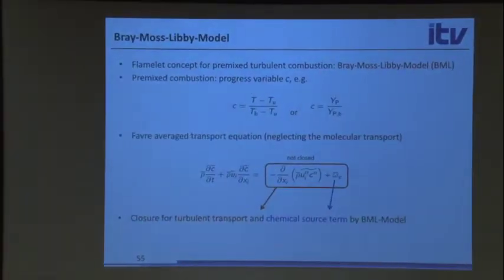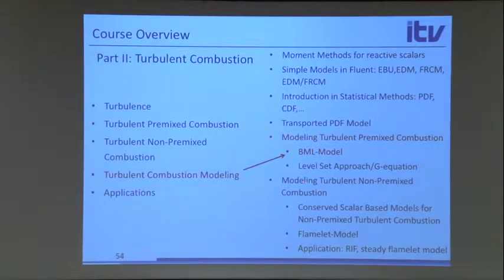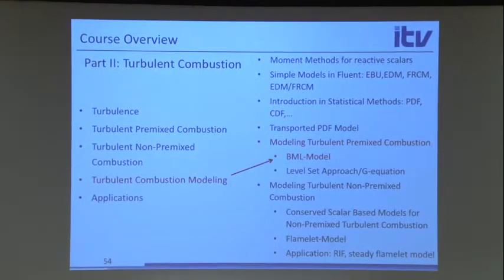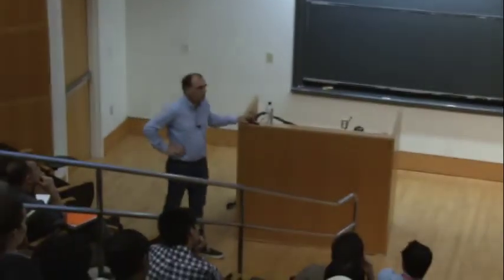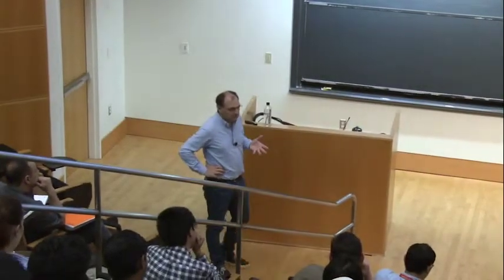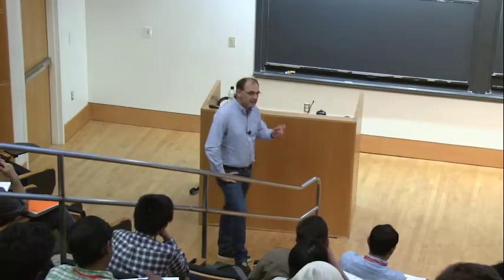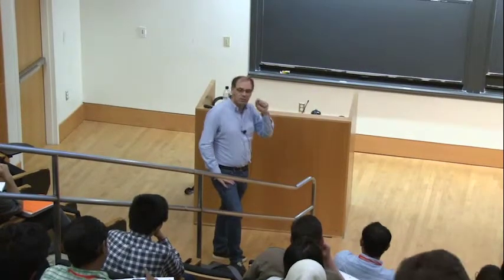Okay, so then I want to show you a few other models now, specifically for premix combustion and models specifically for non-premix combustion. The point I just tried to make is that combustion happens at the small scales. And what happens at the small scales is the interaction of local transport and the chemistry.